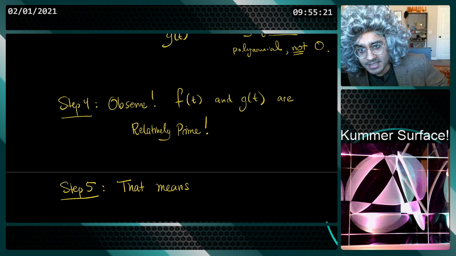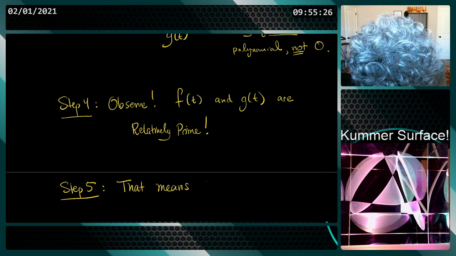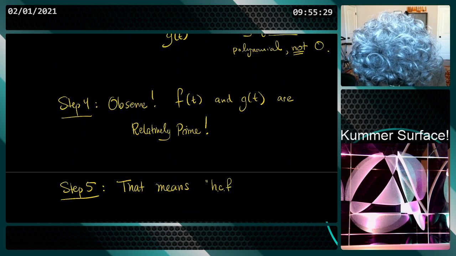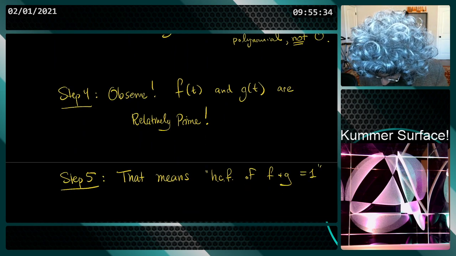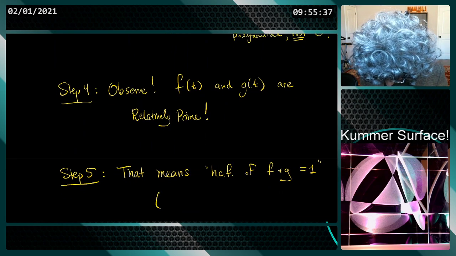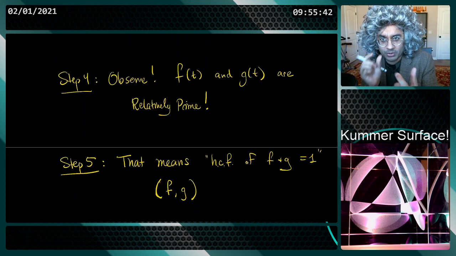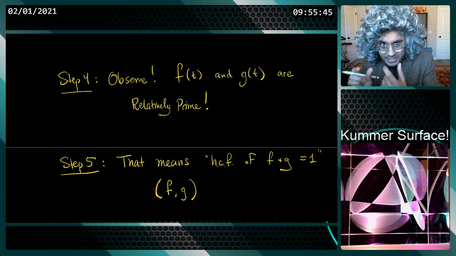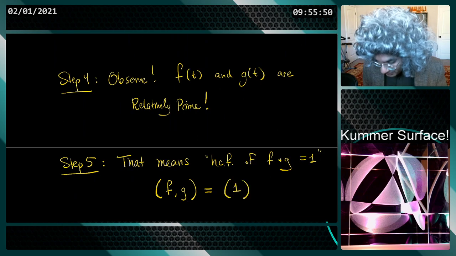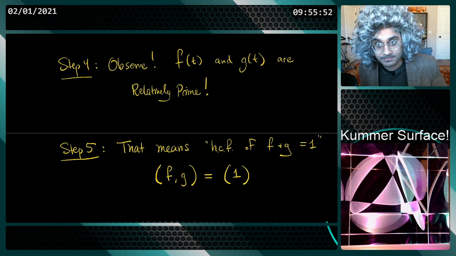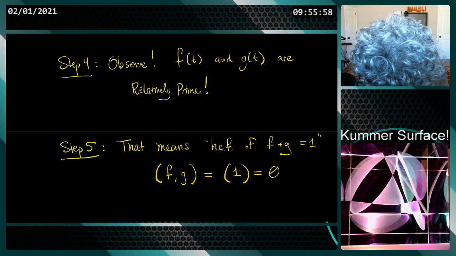In terms of ideals, this ideal, all polynomial linear combinations of f and g, is the principal ideal generated by the highest common factor, which, by the way, is the whole ring.